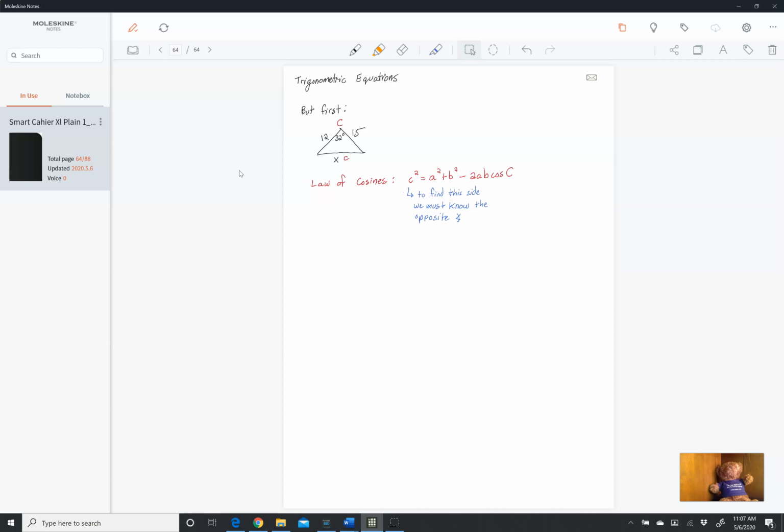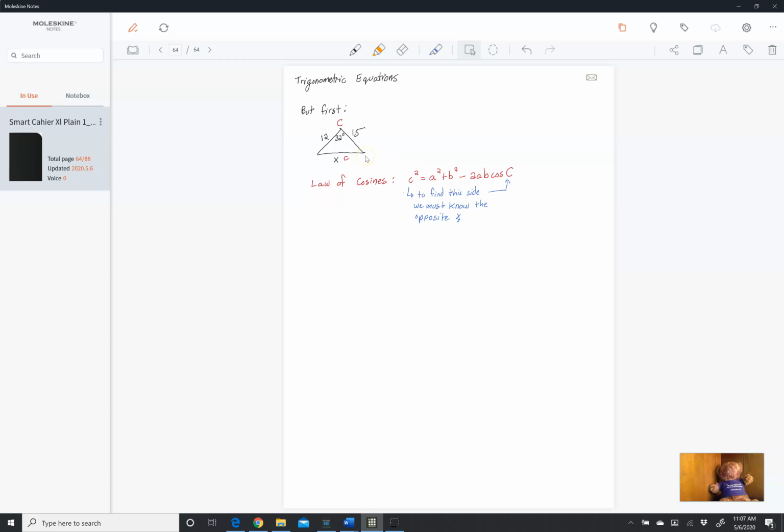Okay, you can see that in the formula here. And the way that you would prove this formula, which we're not going to take the time to do, but if you ever want to know, obviously just email me. We also need to know the other two sides, right? The other two sides are in here.